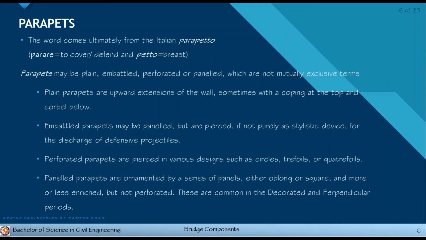Perforated parapets are pierced in various designs, such as circles, trefoils, or quadrifoils. Paneled parapets are ornamented by a series of panels, either oblong or square, and more or less in relief, but not perforated. So these are the common, decorated, and perpendicular periods.